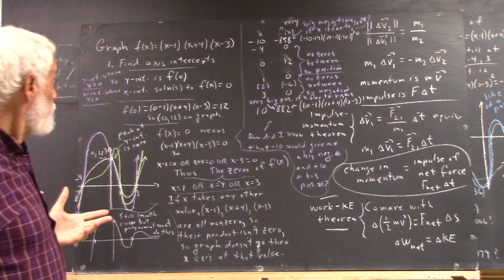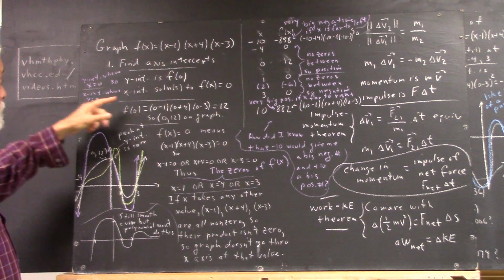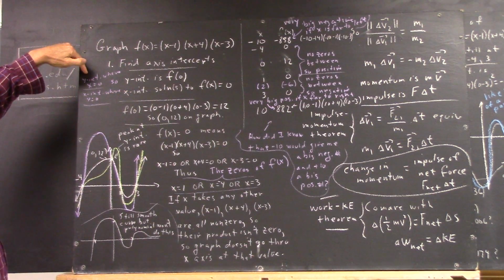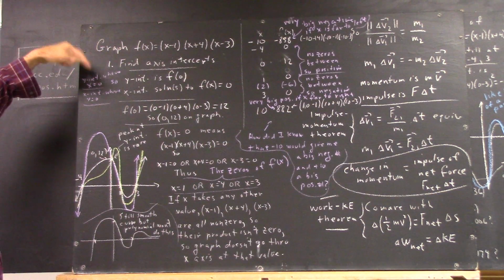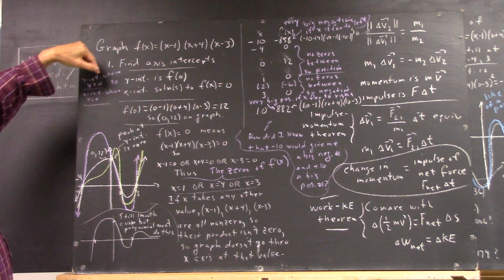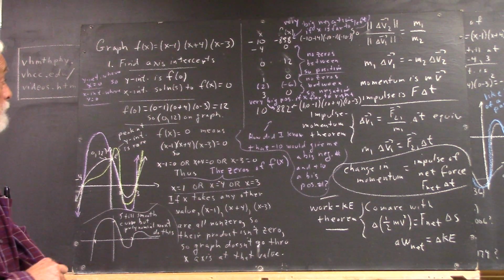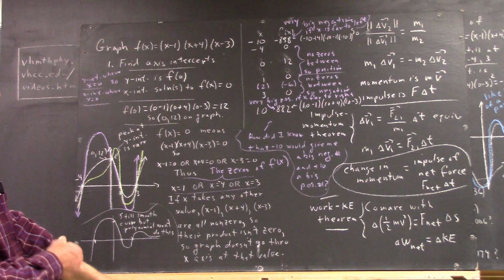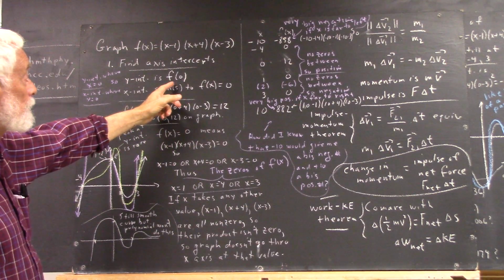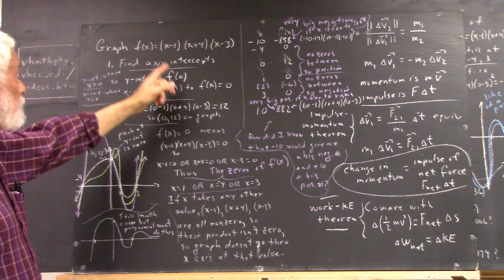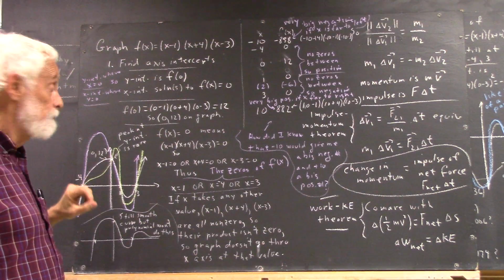Okay, so the axis-intercepts. The y-intercept occurs where x equals 0. So the y-intercept is f of 0, because of course f of 0 is what you get when you let x equal 0.